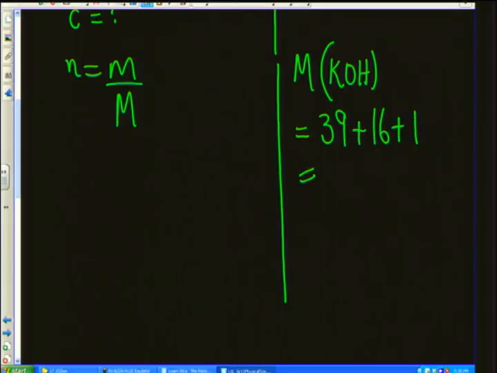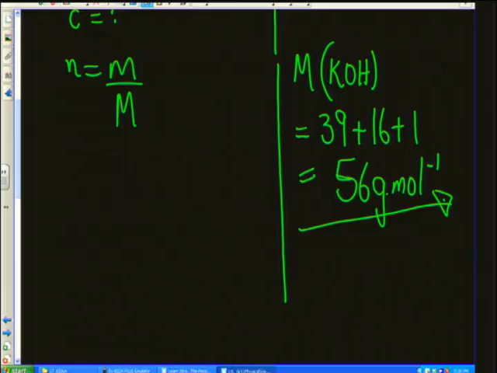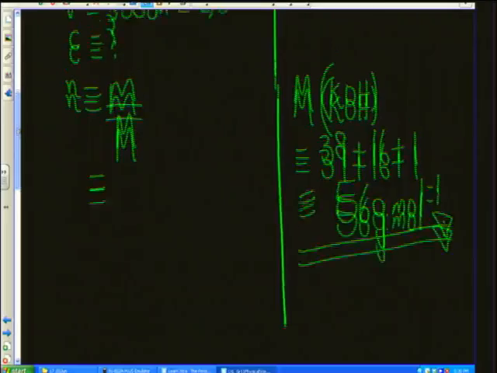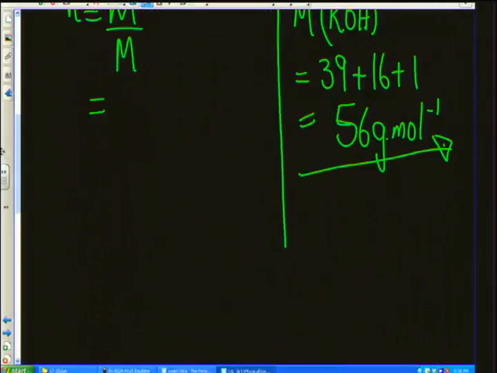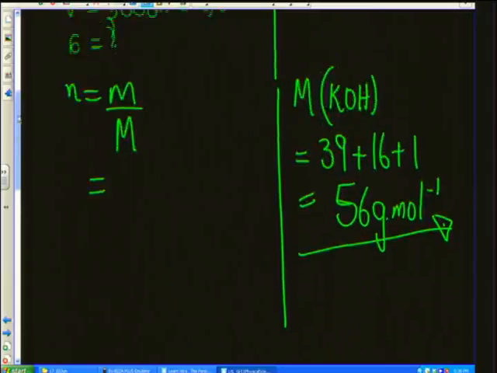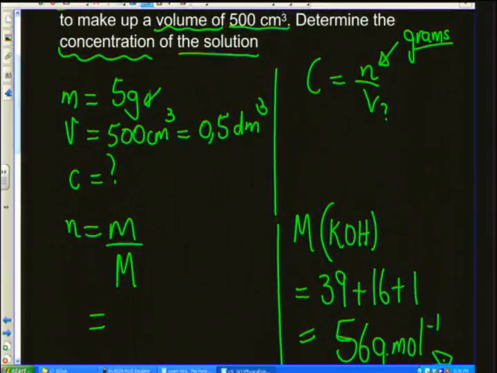This is 56. Okay, 56 grams per mole. This is the molar mass of what? Of potassium hydroxide. Okay, so I can then find out the number of moles because I'm given the mass to be 5 grams here. There is the mass.